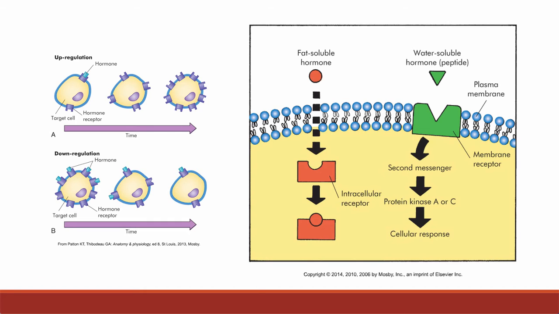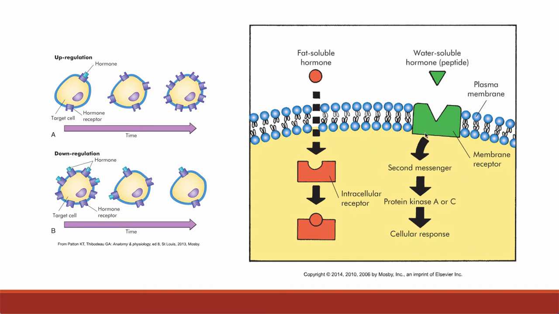Now remember that there are multiple different kinds of hormones, and the two major classifications are fat-soluble hormones that go right through the phospholipid bilayer, and water-soluble hormones, which are proteins that have to attach to a receptor on the membrane.